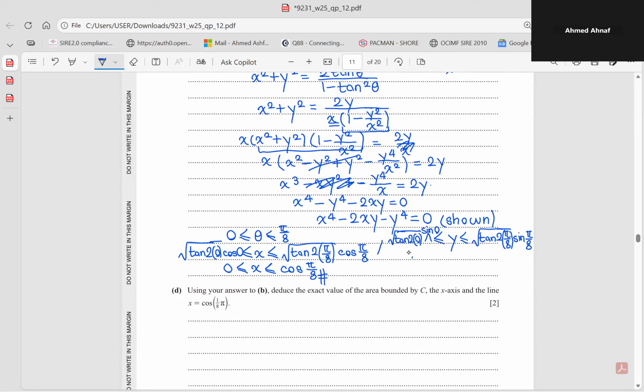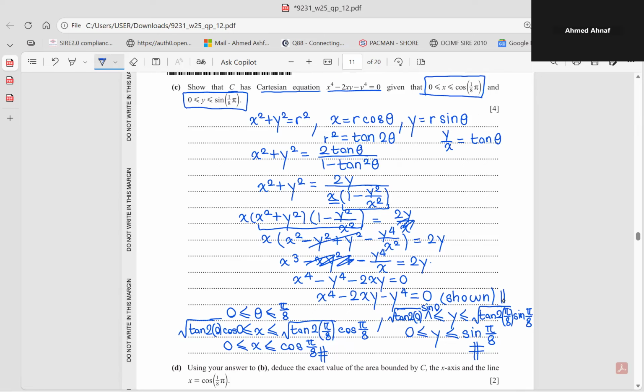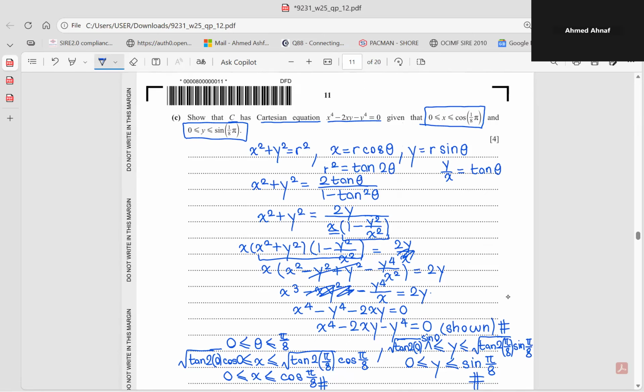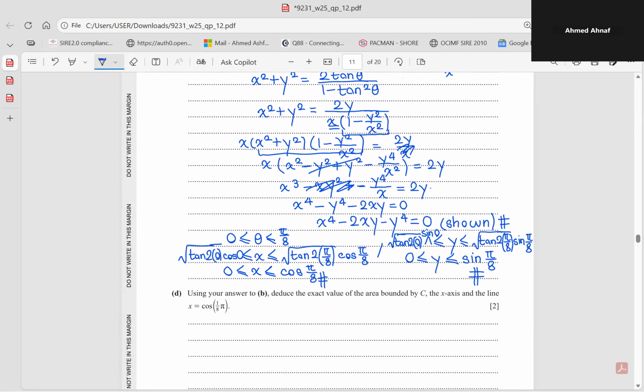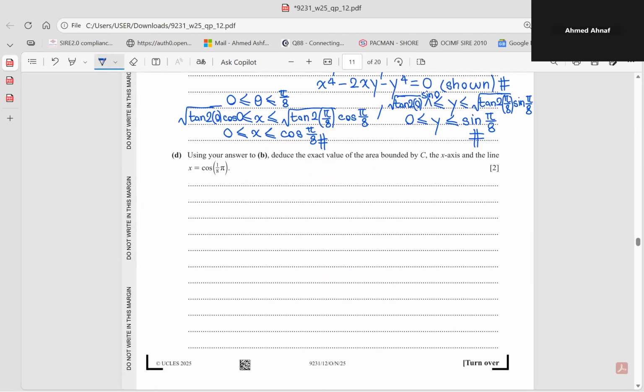So this is just between 0 and sine pi over 8. So yeah, this would be our final answers for this entire part. Let's move on to the last part.